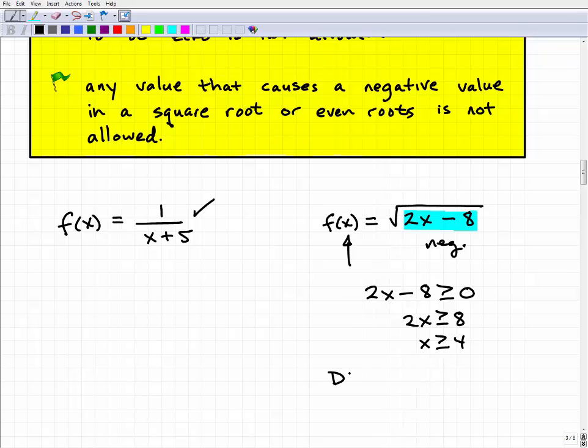Now let's write that in interval notation. x could be 4, so I can use a bracket, and it's got to be all numbers greater than 4, going towards positive infinity, and that'll be the open parenthesis there.